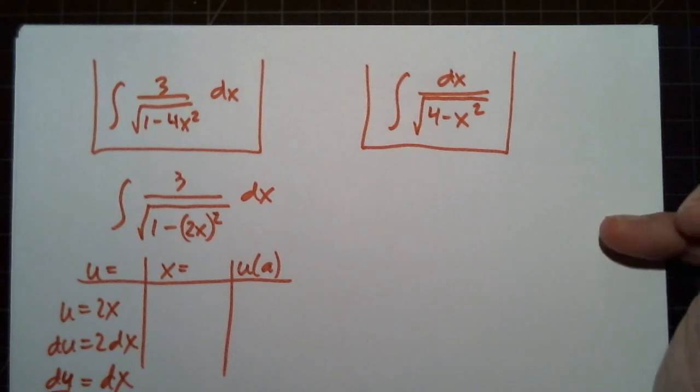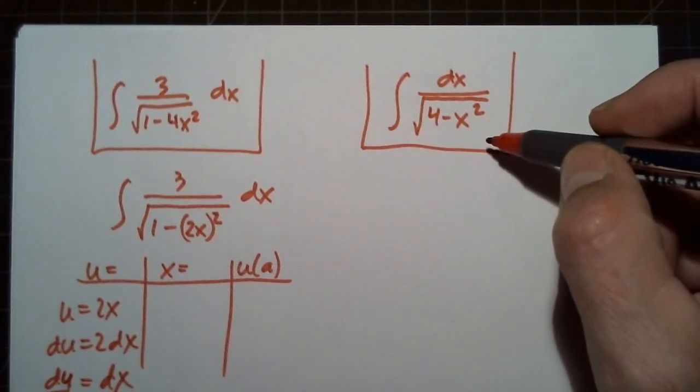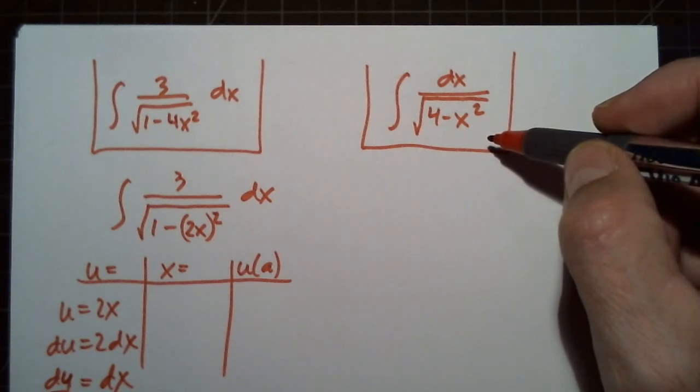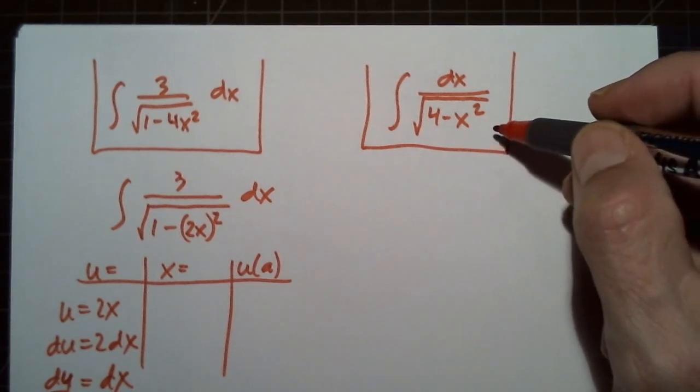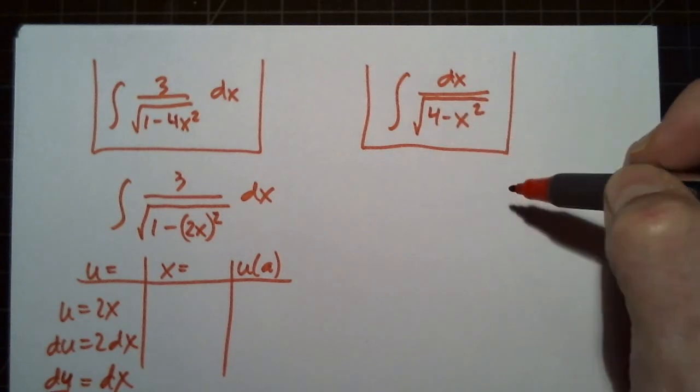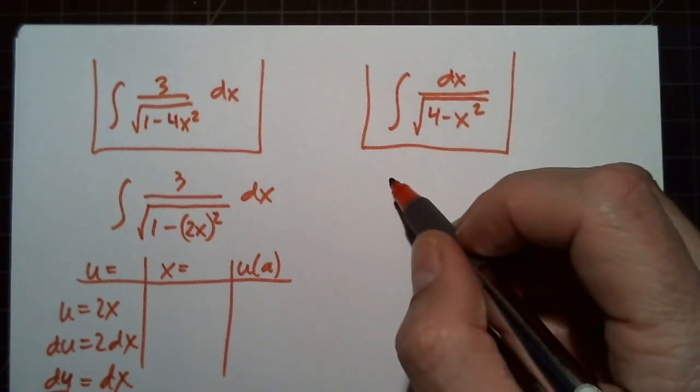So try this one. We need to make this look like the derivative of one of the 3 inverse trig functions that we have considered. So pause the video and try changing this to look like one of the derivatives.